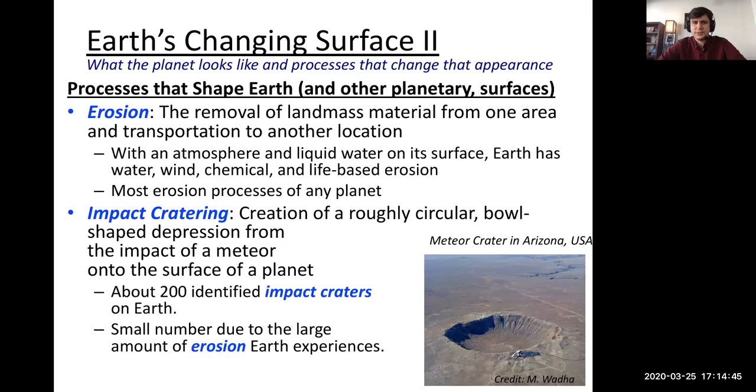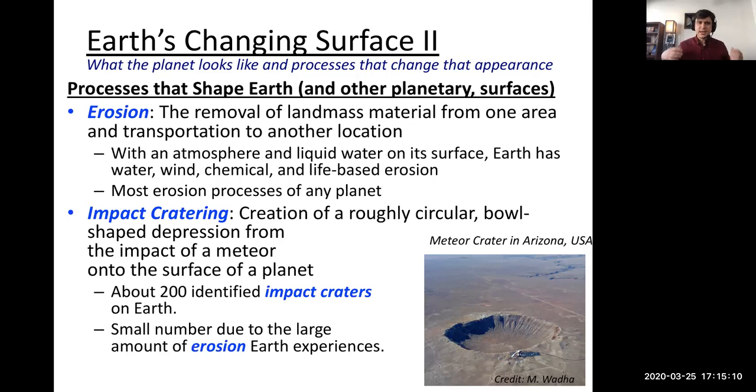One of the important ones that gets erased pretty quickly, making them relatively rare on Earth, are impact craters. So here is, if you go out to Arizona, you can see where something came from outer space and struck the surface. A meteoroid came down and created this nearly kilometer wide impact crater, this bowl-shaped depression on the surface of the Earth.